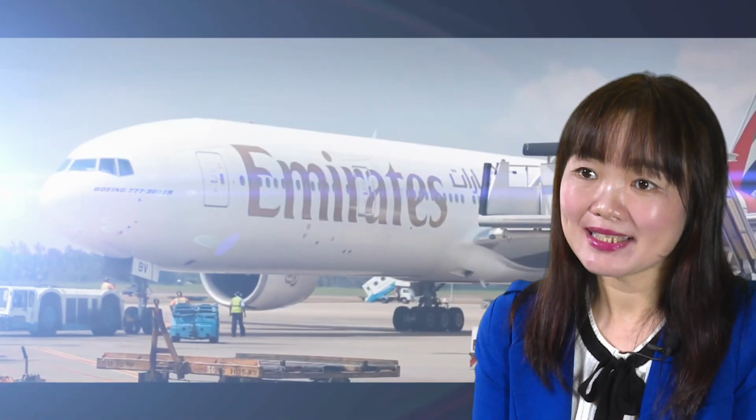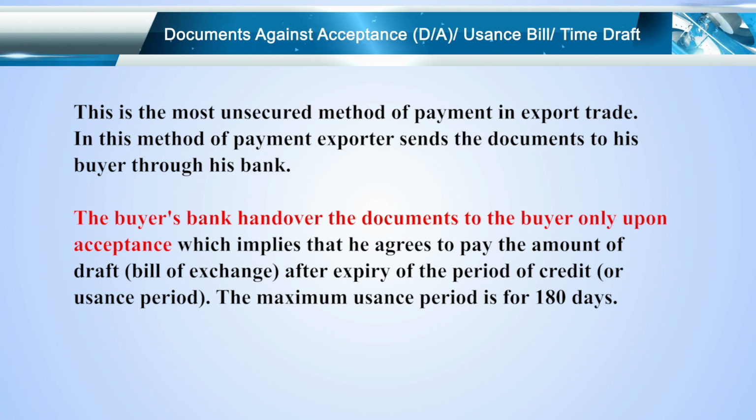DA is the most unsecure method of payment in export trade. Because in this method of payment, the exporter sends the documents to his buyer through his bank. The buyer's bank hands over the documents to the buyer only upon acceptance, which implies that he agrees to pay the amount of the draft, bill of exchange, after expiry of the period of credit or usance period.